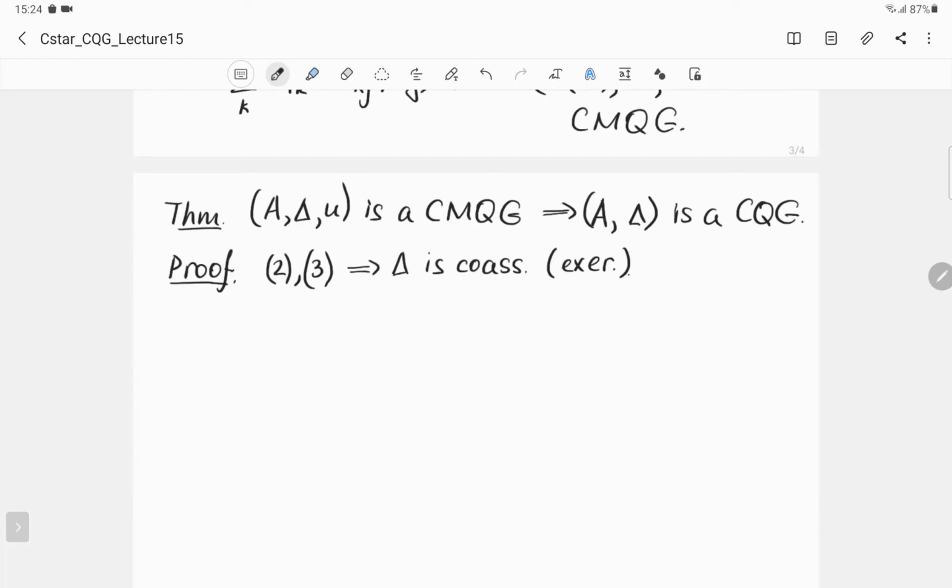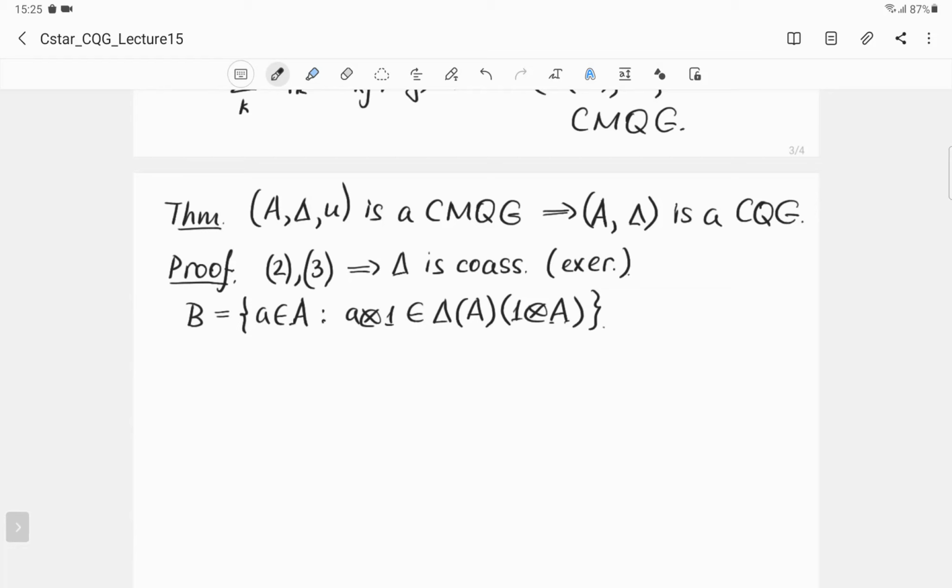Okay, now we have to prove the density conditions, which is the most interesting part of the proof. Well, let's use the following trick. Let's introduce the following subspace, denoted by B, the set of those elements a in our algebra A such that a tensor 1 belongs to delta of A multiplied by 1 tensor A. So clearly this is a vector subspace in A, which contains the identity.